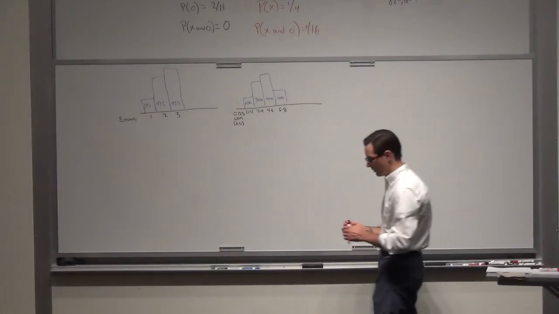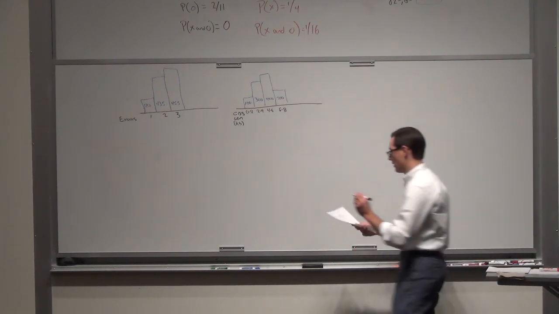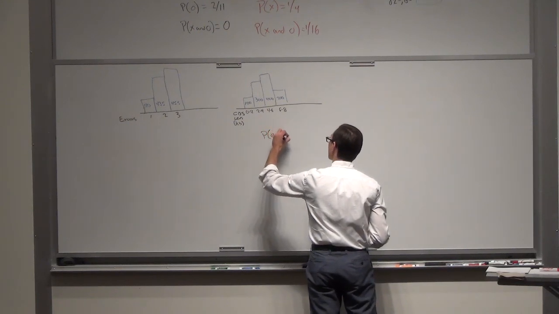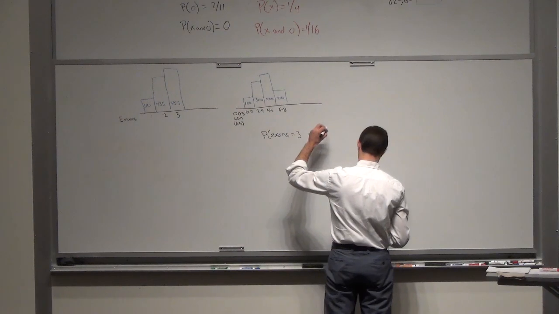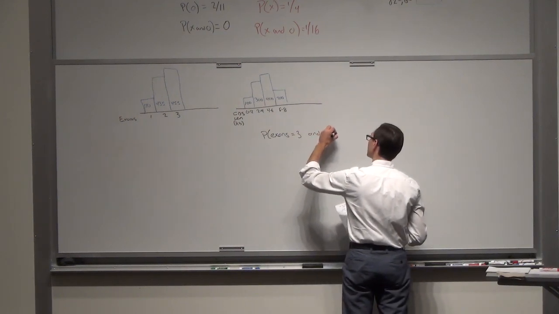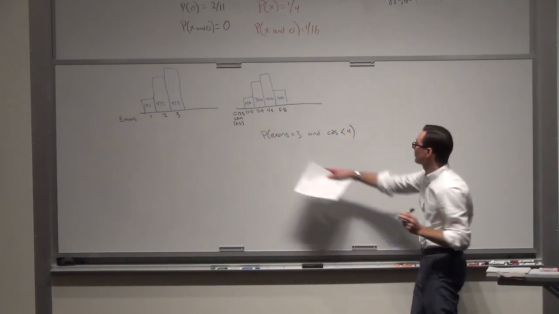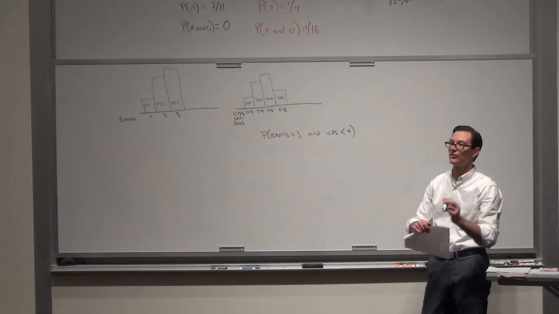So, to review, what is the probability of having 3 exons and having a coding sequence of less than 4 kb?